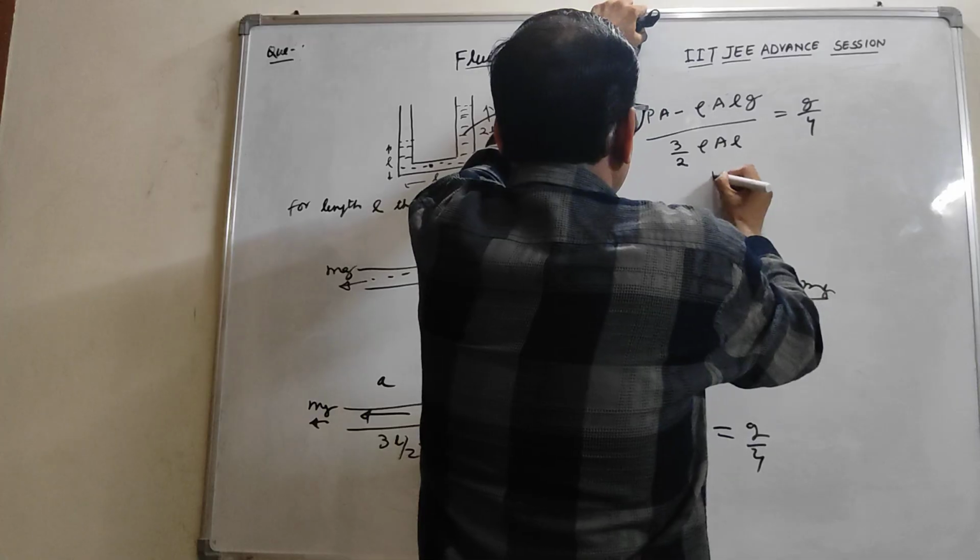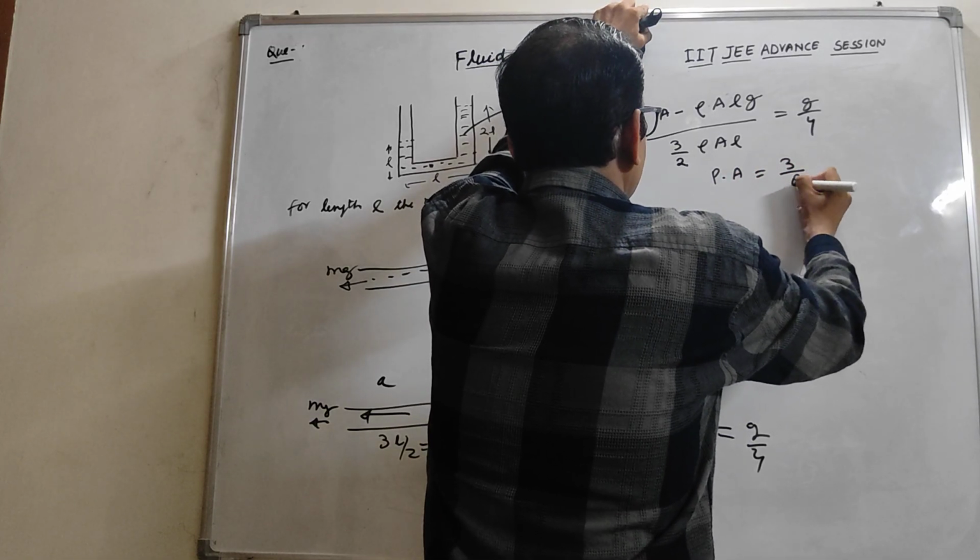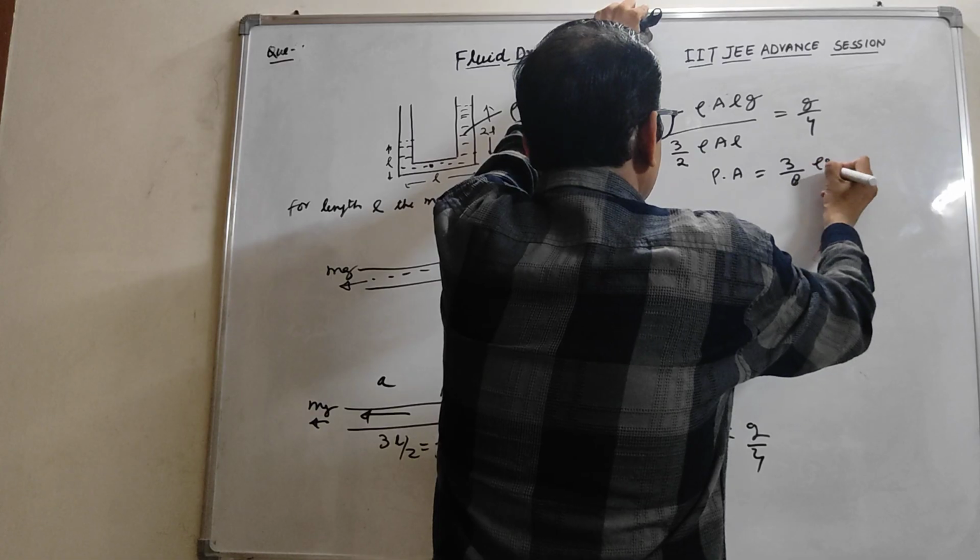This term shifts here: P into A equals 3 by 8 rho gAL.